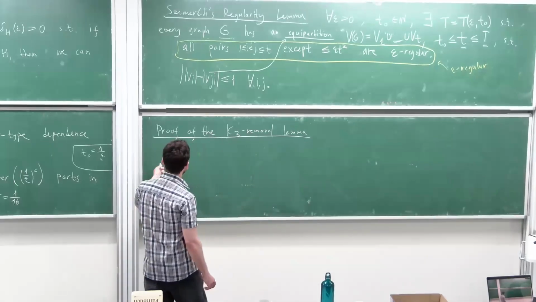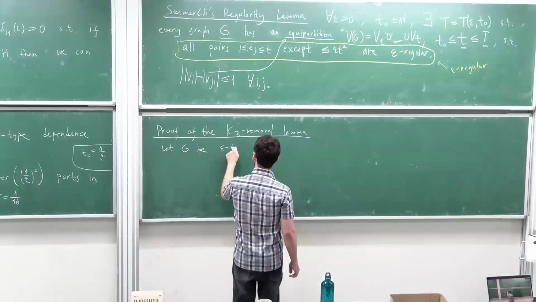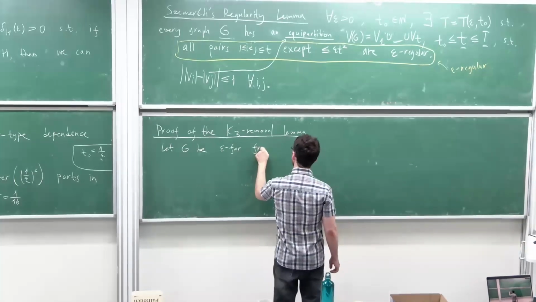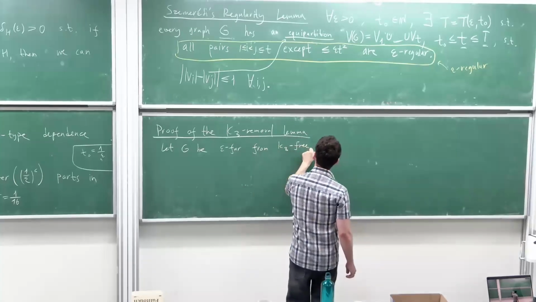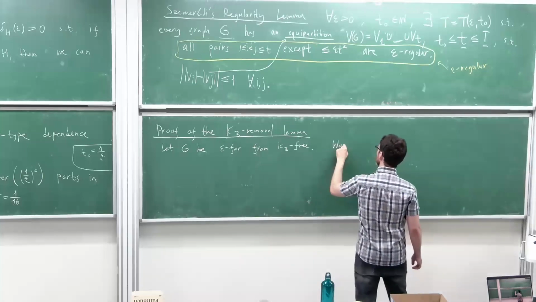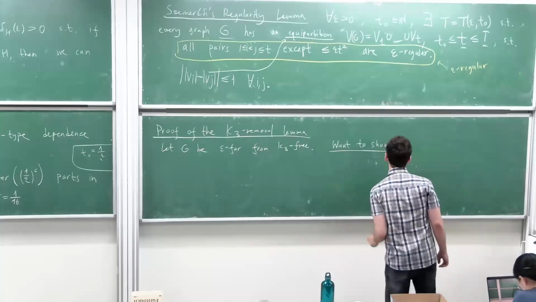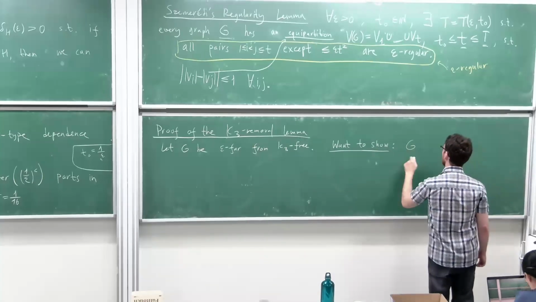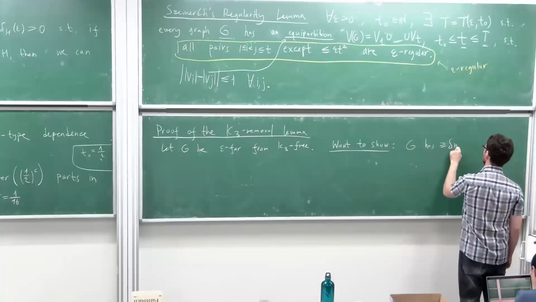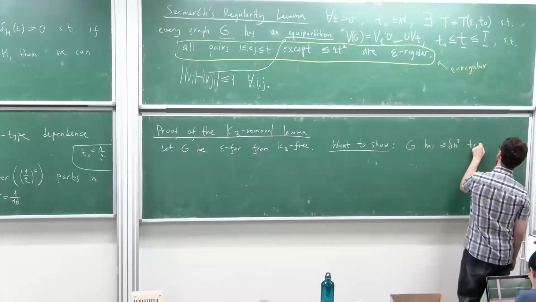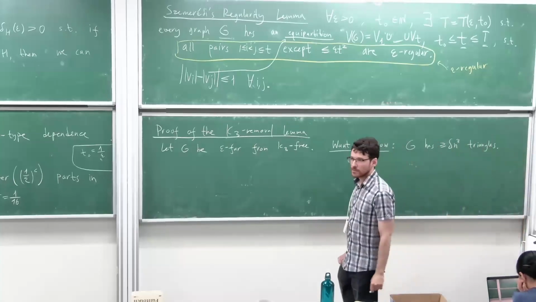Okay, so we are given a graph G which is epsilon far from triangle-free. And what we want to show is that G has at least delta n cubed triangles.